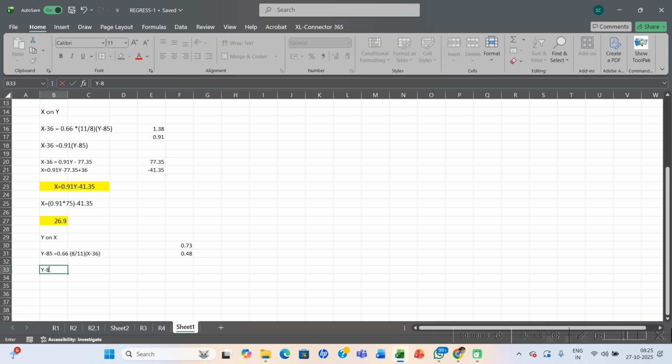So it becomes y minus 85 equal to 0.48x minus, and here again you need to multiply: 0.48 multiplied by minus 36 is coming to be minus 17.28.